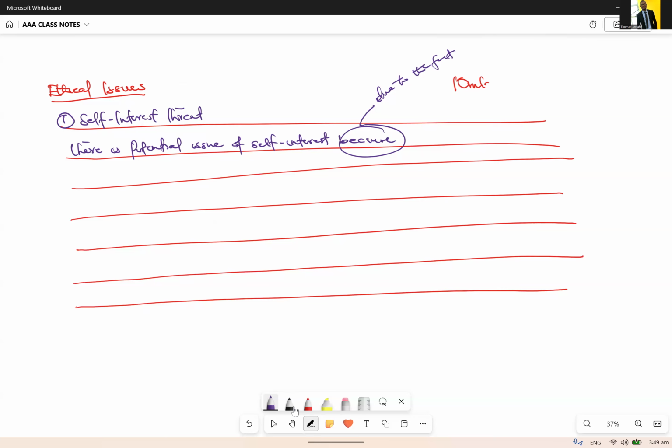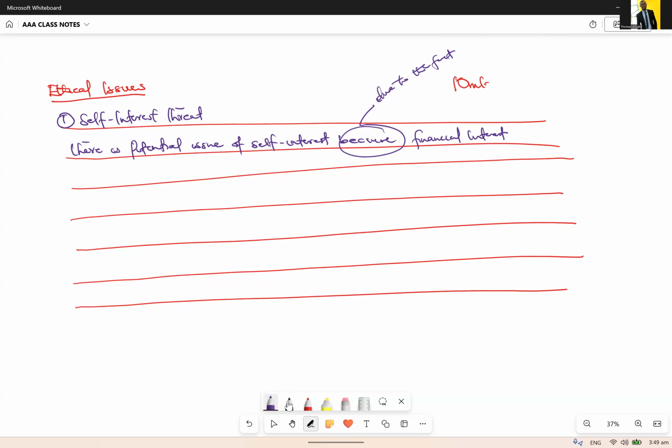Now, we learned so many things under self-interest threat. Which one do you spot in the question? Because there is a financial interest, you can write that. Because of overdue fees, because of this, because of that. But it must come from the question.